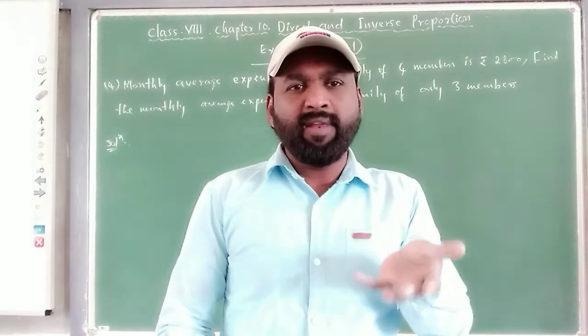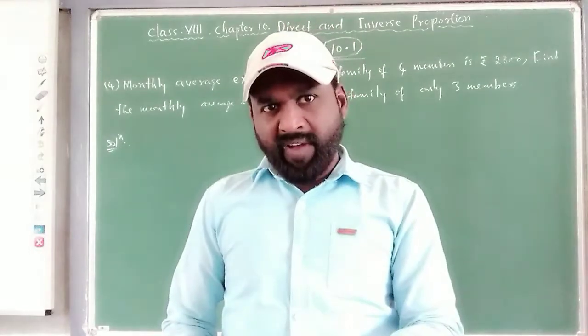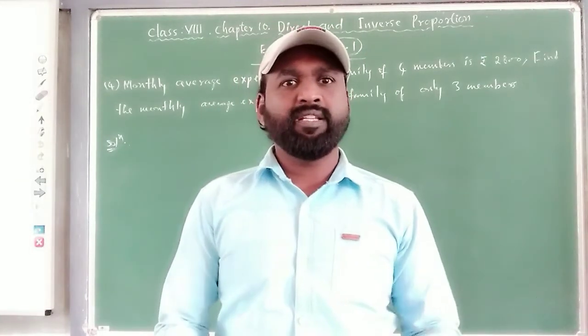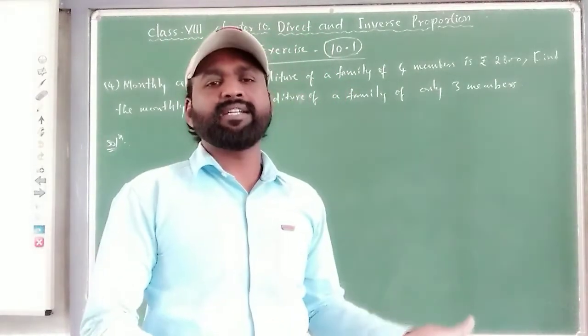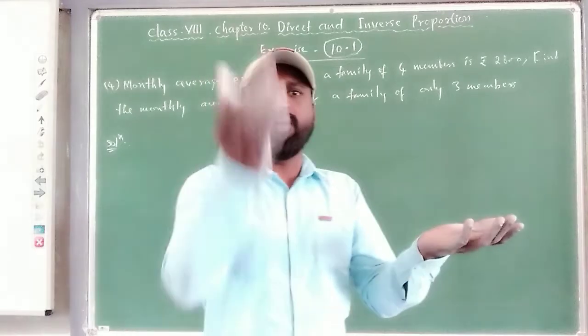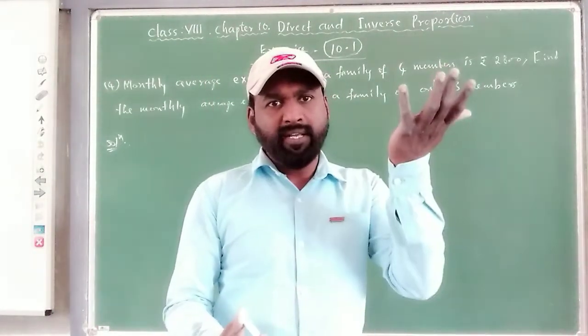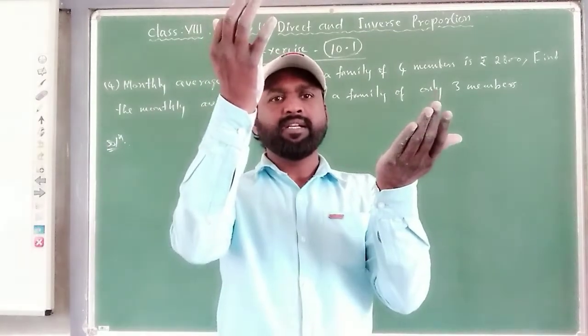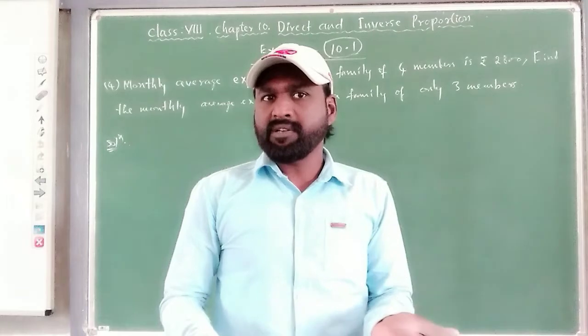More people in the family, more money you need. Less people, less money you need to maintain the family expenditure, right? So what situation is this? It is a direct proportion. More people, more expenditure. Less people, less expenditure. One quantity increasing, the other quantity also increases. One quantity decreases, the other also decreases in the same ratio.